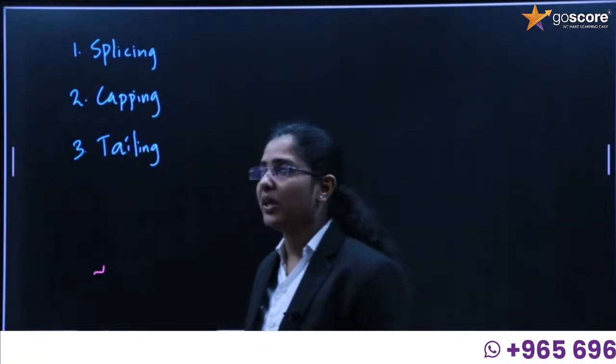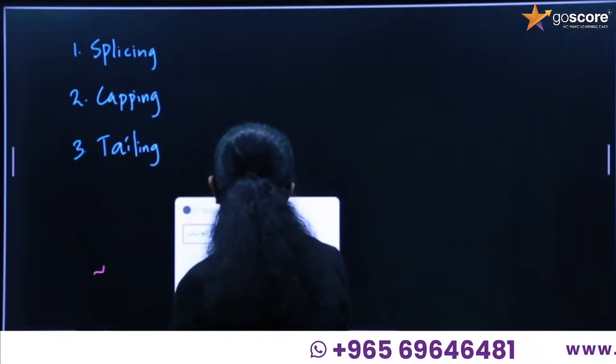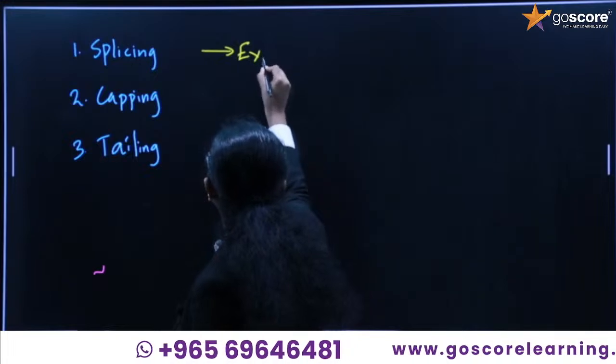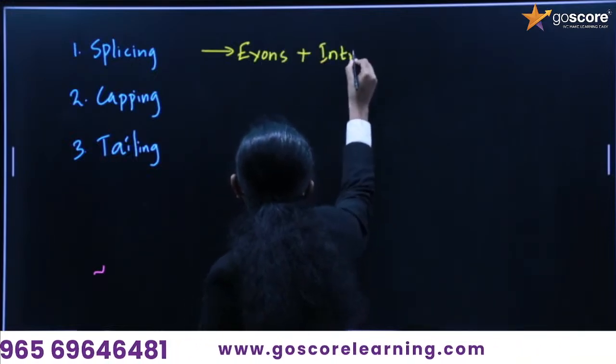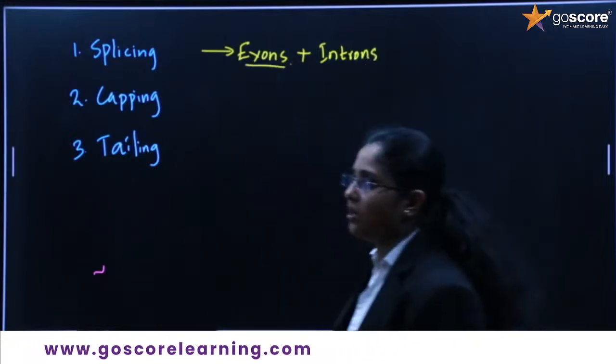And also splicing. Dear students, you know that when RNA is formed, it is with exons and introns, right? And I told you only exons are needed, introns are not needed.